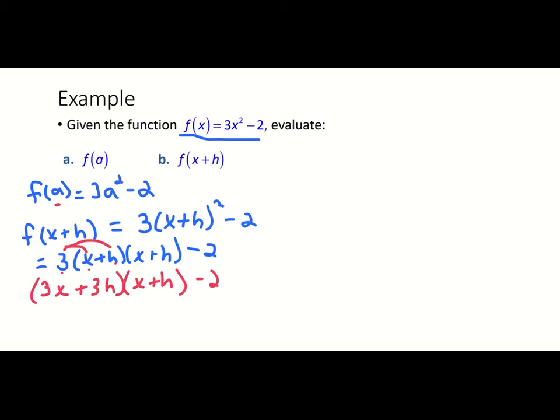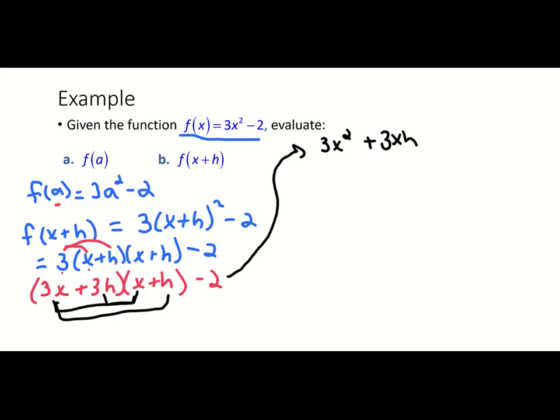So to do that, I think I'm going to move it up here where I have more space. All right, so when we FOIL, 3x times x is 3x squared. 3x times h is going to be 3xh. And then we'll do the inside.